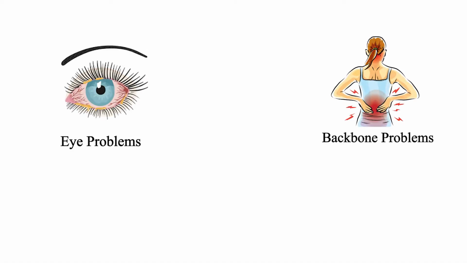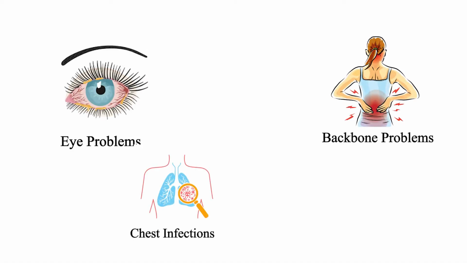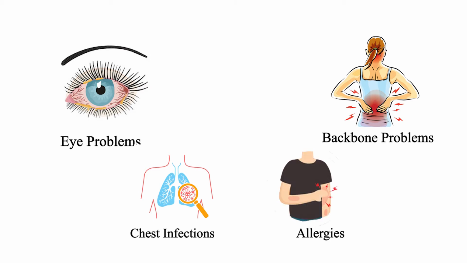Working in embroidery units or workshops is also related with physical hazards like eye problems, backbone problems, chest infection and allergies due to dust, fibers, etc. Occupational hearing loss, backache, loss of vision, stress are also examples of physical hazards.